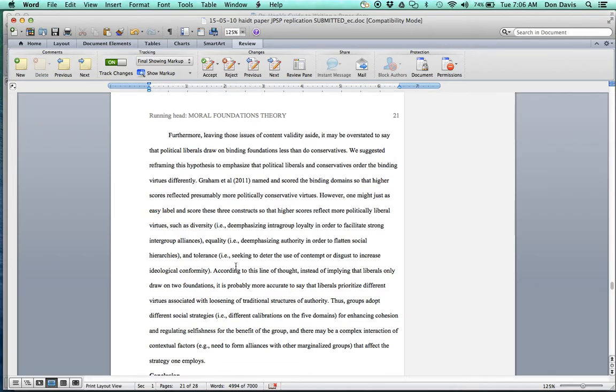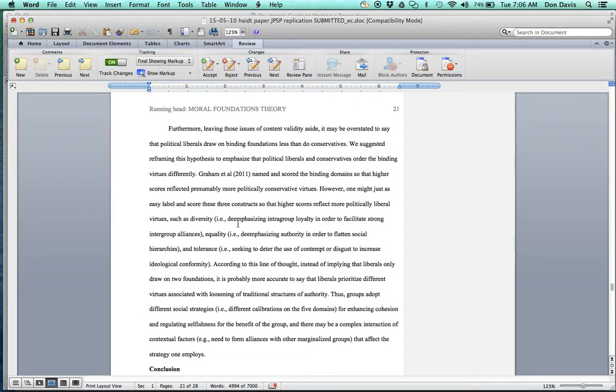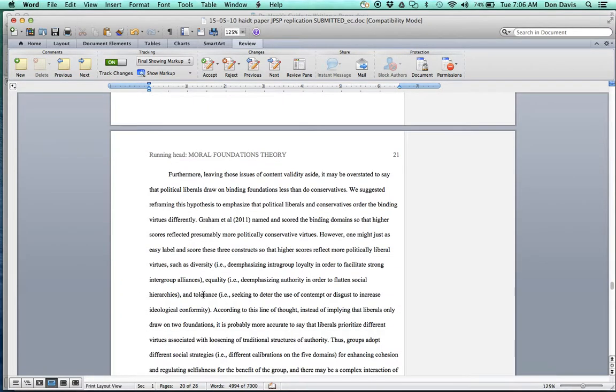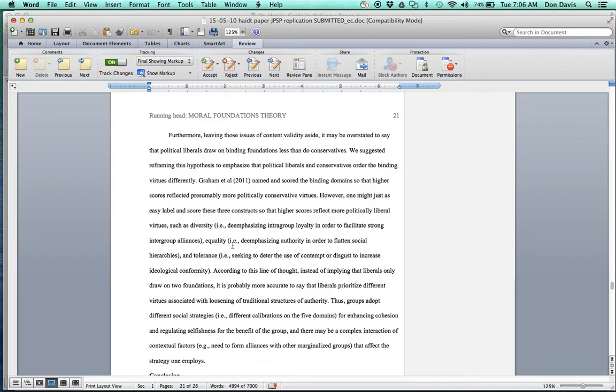So we give some suggestions in terms of scale development there. If there is a place where you can be a little more speculative, it's usually toward the end of your discussion where you're talking about future research.